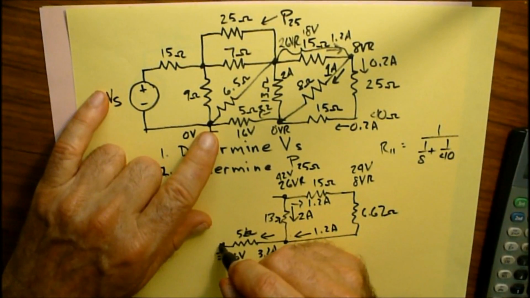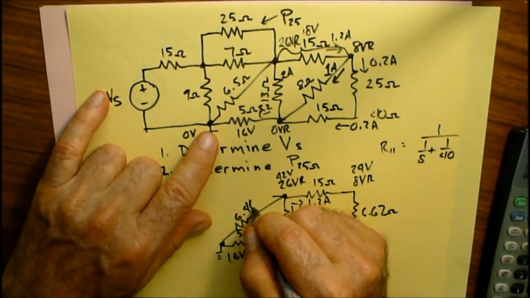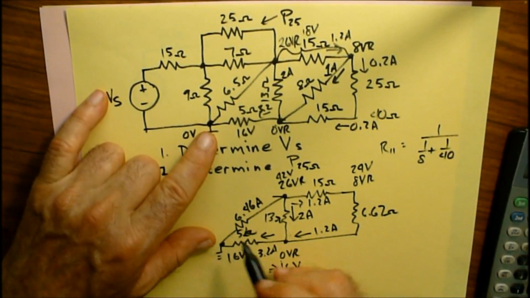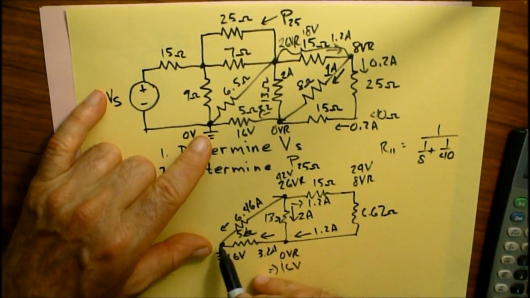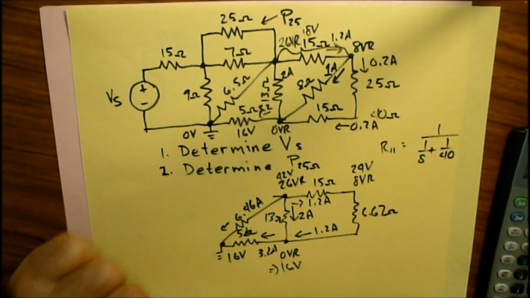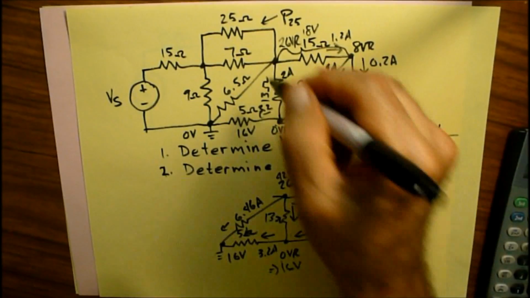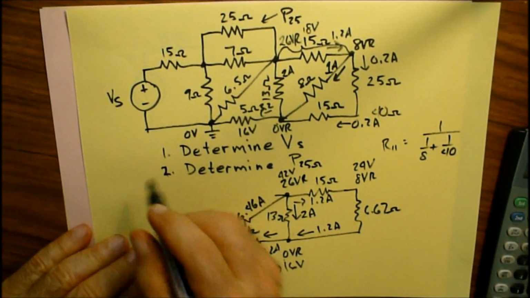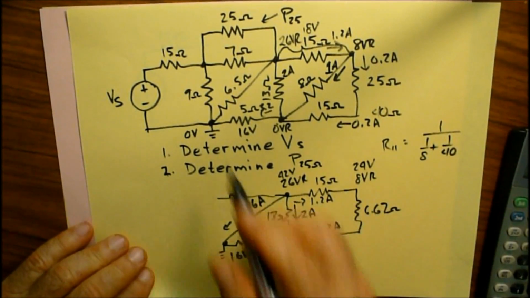So between here and here, I have 6.46 amperes going through this. I have 3.2 amperes coming in there, because this is going from 42 down to ground. What else can we figure out here? These two resistors become basically a resistor here.